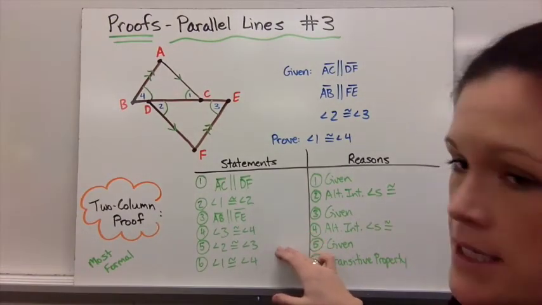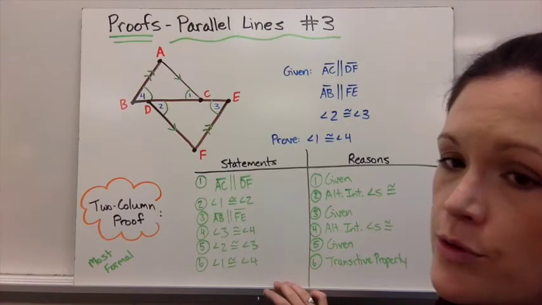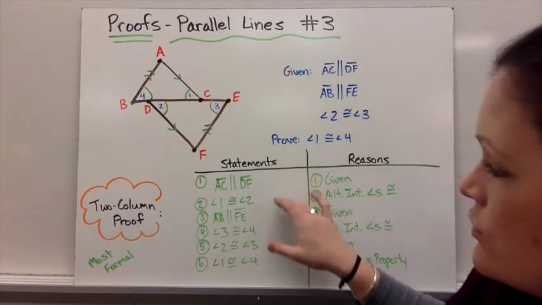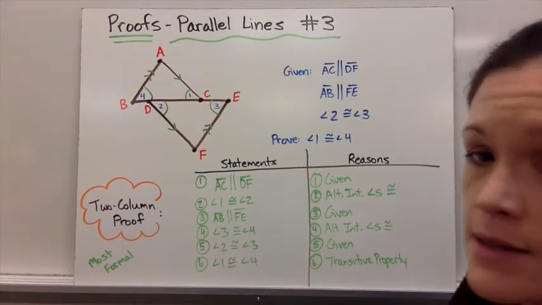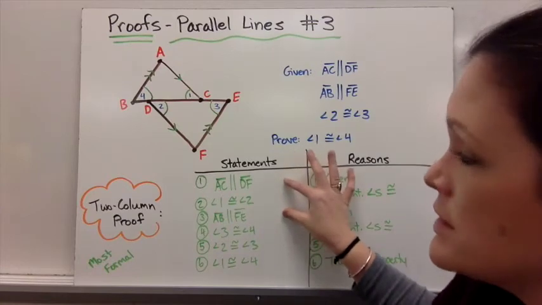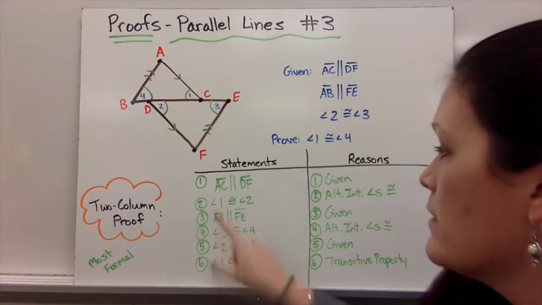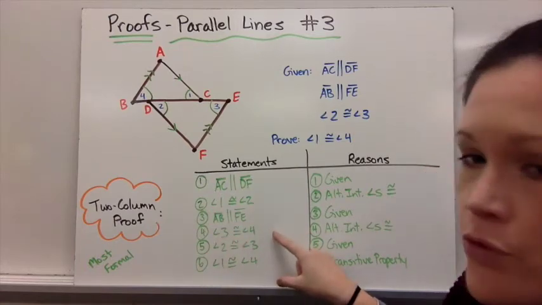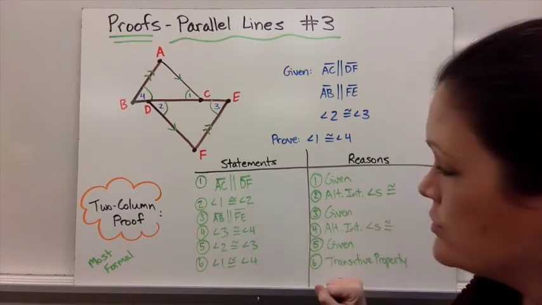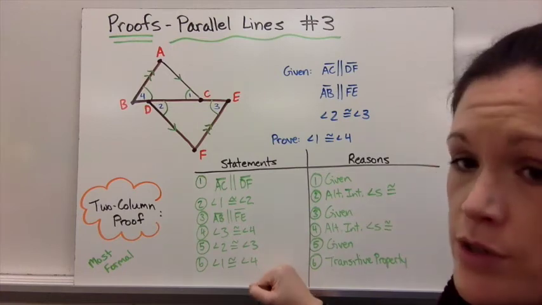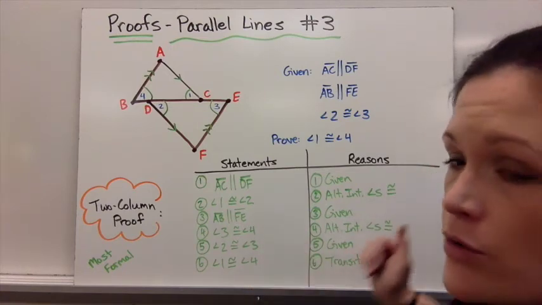And then I just needed to state the third one in order to conclude the proof. So I like to put it in a very logical, formal order. It's very organized. But it would not have been wrong if you had listed all the givens first and then stated that angle 1 was congruent to 2 and 3 was congruent to 4 because they are alternate interior angles, and then you would have concluded with 1 is congruent to 4. That would also have been okay.